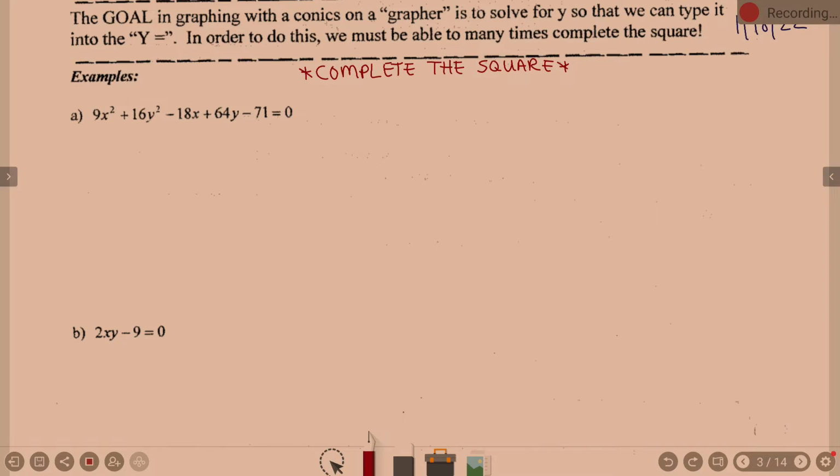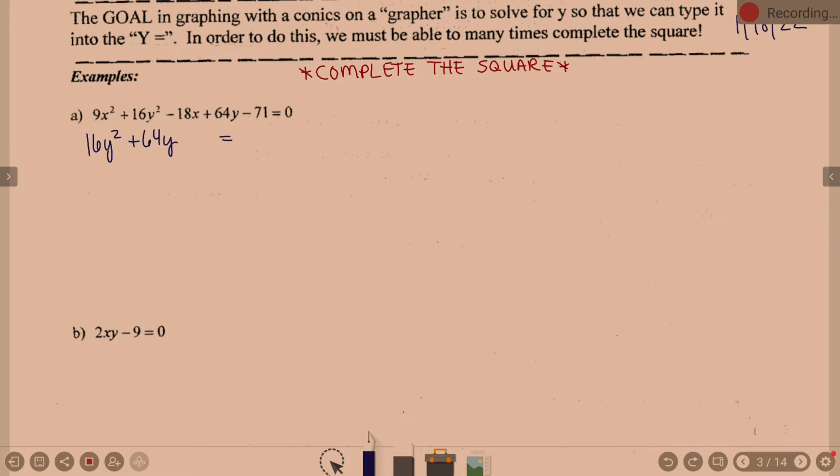Okay, so if we're completing the square, we're still solving for y, right? So first step, y squared and y is on the left. Everybody else, move to the right. So I'm going to keep 16y squared and 64y on the left. I'm going to leave a gap.